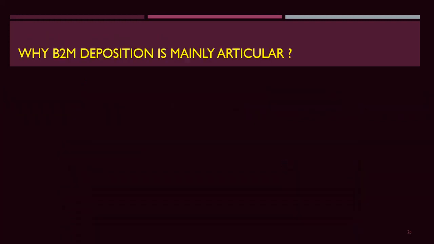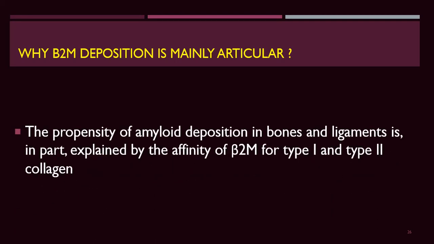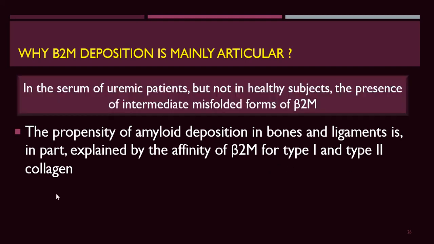Why is beta-2 microglobulin deposition mainly articular? As we discussed, the deposition in bone and ligament is partly explained by the affinity of beta-2 microglobulin for type 1 and type 2 collagen. In the serum of uremic patients, but not in healthy subjects, intermediate misfolded forms of beta-2 microglobulin are present as well.